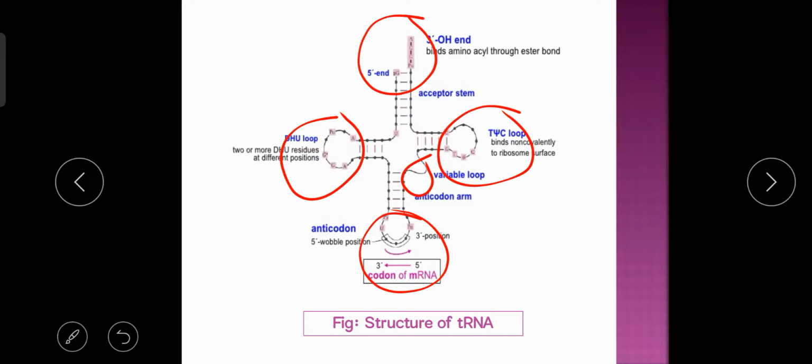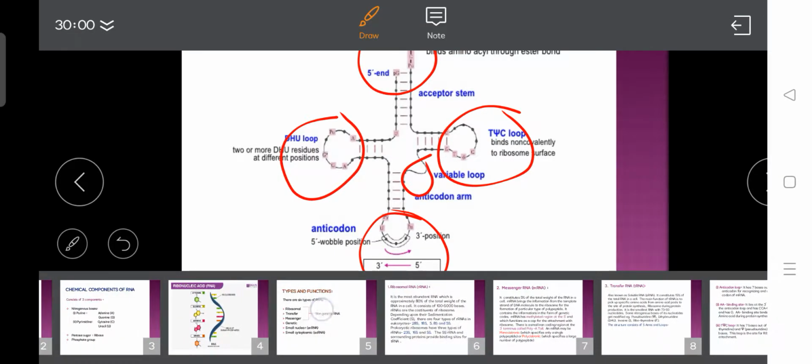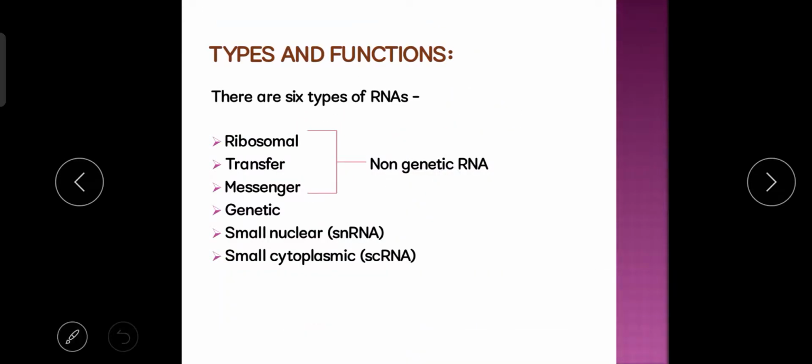So this is all about the messenger RNA, ribosomal RNA, and transfer RNA. Ribosomal RNA, transfer RNA, and messenger RNA are the non-genetic RNAs, and all these three types of RNAs help in protein production in different ways. Ribosomal RNAs help in the production of ribosomes for protein production.